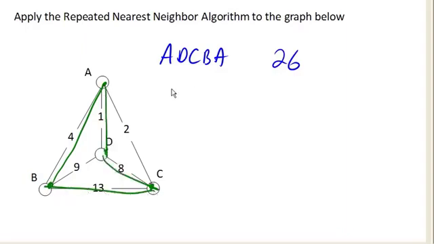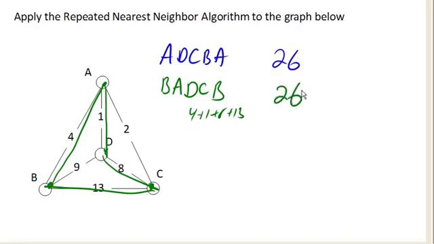So we got B, A, D, C, B. That's 4 plus 1 plus 8 plus 13, also 26. Oh, well, actually, that's exactly the same circuit we just had. Notice that if we started at B, this would be B, A, D, C, B. This is actually the same circuit. Okay, well, that didn't help much.